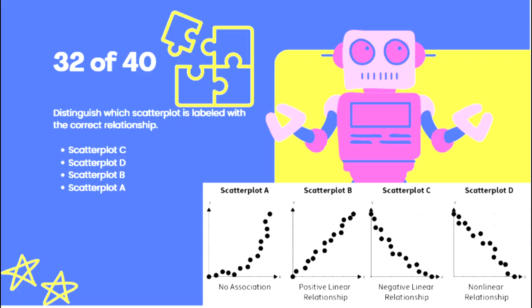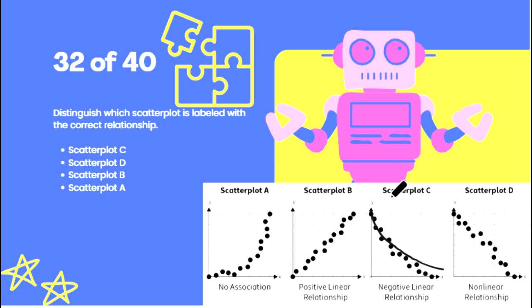32. Distinguish which scatter plot is labeled with the correct relationship. This says no association, positive linear association, negative linear relationship, non-linear relationship. Well, no association. Scatter plot C says this is a negative linear relationship. You can't really draw a straight line through this.